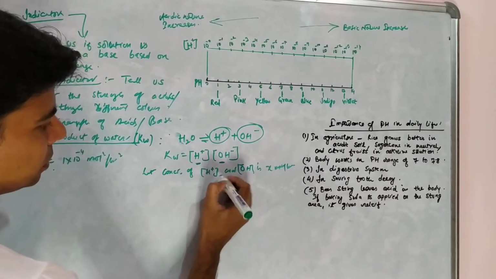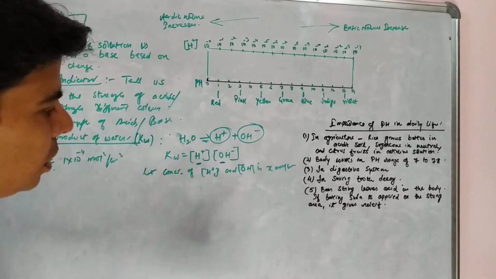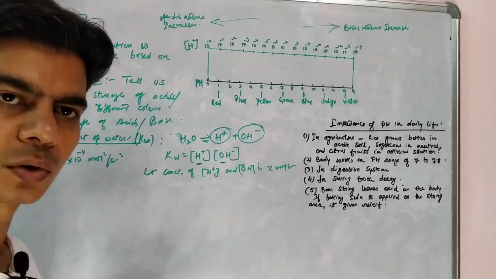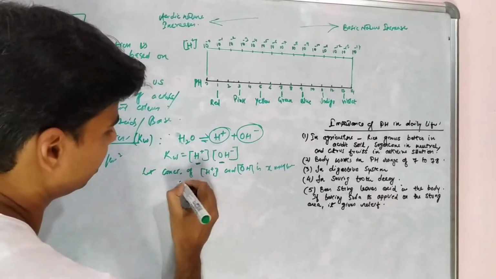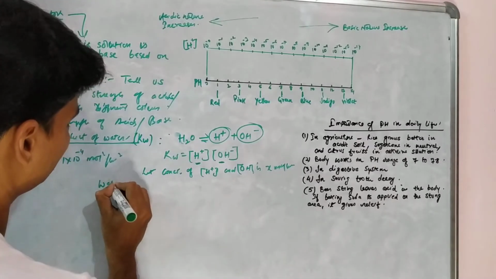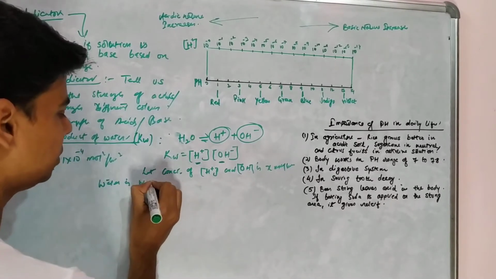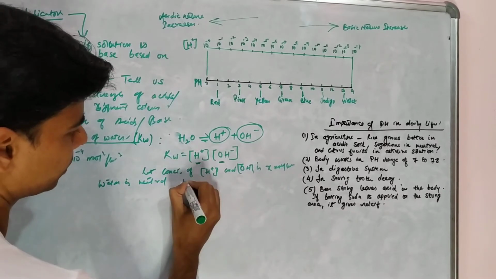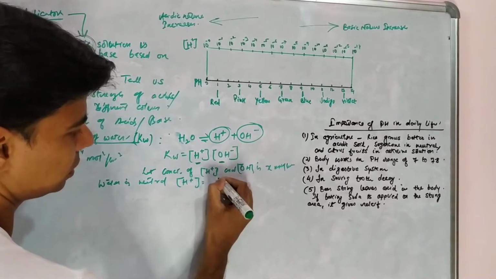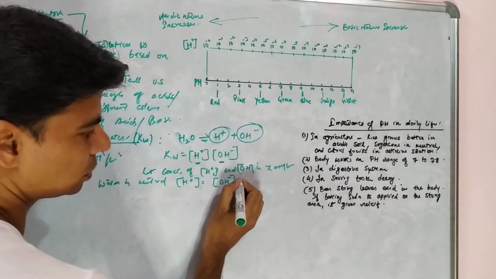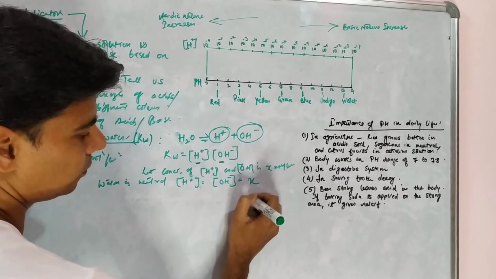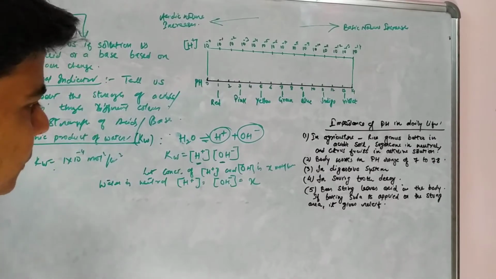Since water is neutral, the hydrogen ion concentration would be equal to the hydroxyl ion concentration, and let it be X.